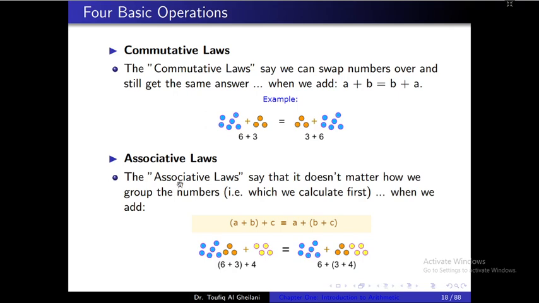Associative laws. The associative laws say that it doesn't matter how we group the numbers, which we calculate first. For example, when we add A plus B together, then the sum we add with C will get the same result if we add B plus C, and the sum of it we add with A. For example, here 6 plus 3 alone will give us 9.